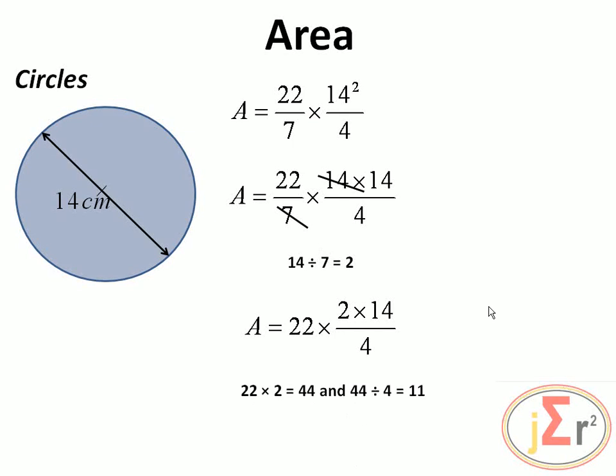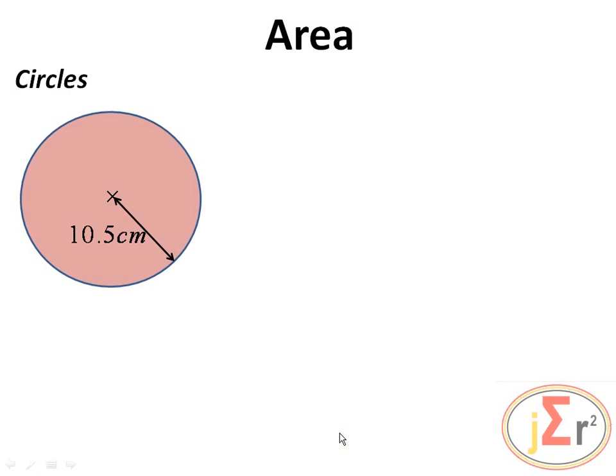And of course we are going to put these two together, so 22 times 2 is 44, and we are going to divide that by 4, and the result is 11. So we'll have 11 to be multiplied by 14 in the end, and that is 154 centimeters squared.